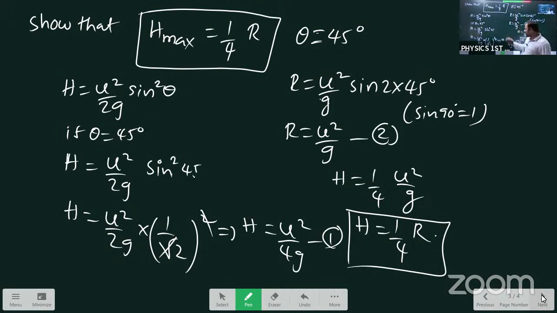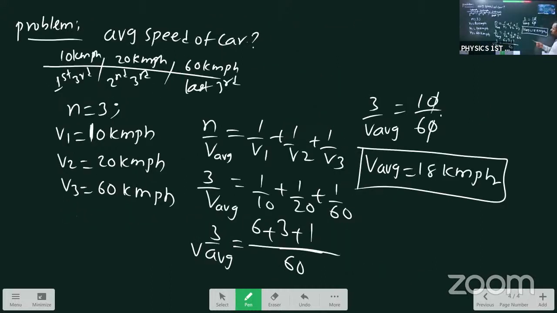This is the second SAQ. The third one is a problem: one car moving with 3 different speeds, what is the average speed of the car in the entire journey? So 3 SAQs over, students.